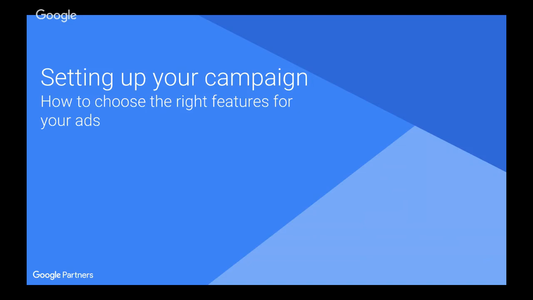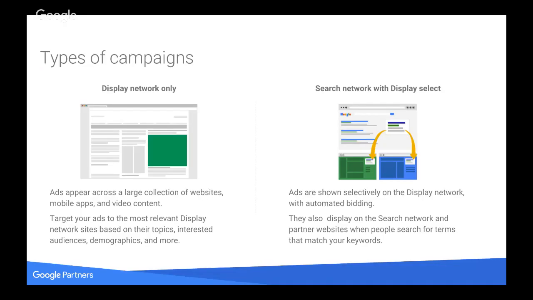Now that we know a little bit about what the display network is and what the various ad types are for your needs, let's talk about how you can set up the campaign and how you can choose the right features for your ads. So there are two large campaign types that run on the display network. One is the display network only, which, as the name suggests, means your ads would only run on the Google Display Network.